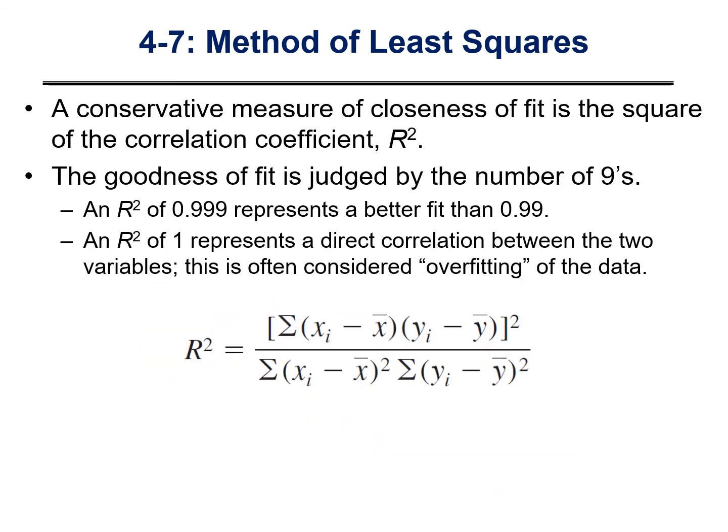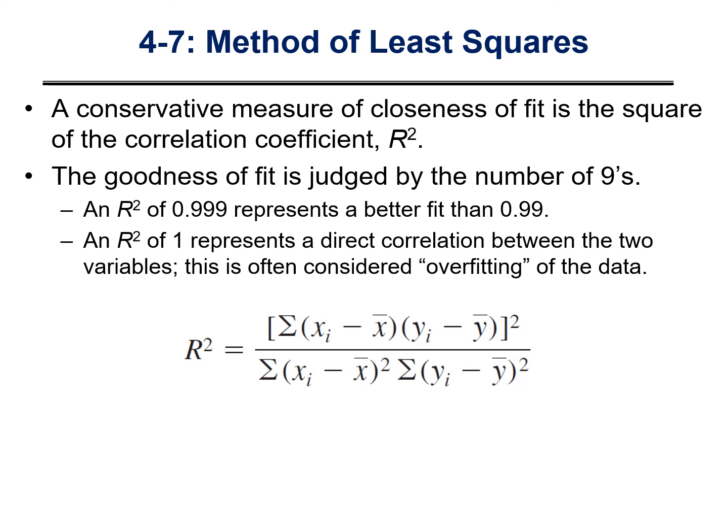Okay, now you know what R squared is. You've used R squared so much before now, but do you know what R squared means? So we all know that the closer R squared is to 1, the more linear it is. It's a conservative measure of closeness of fit, the square of the correlation coefficient.